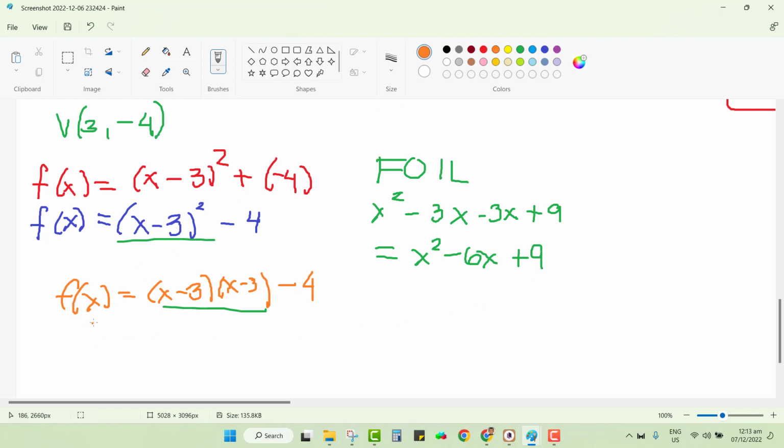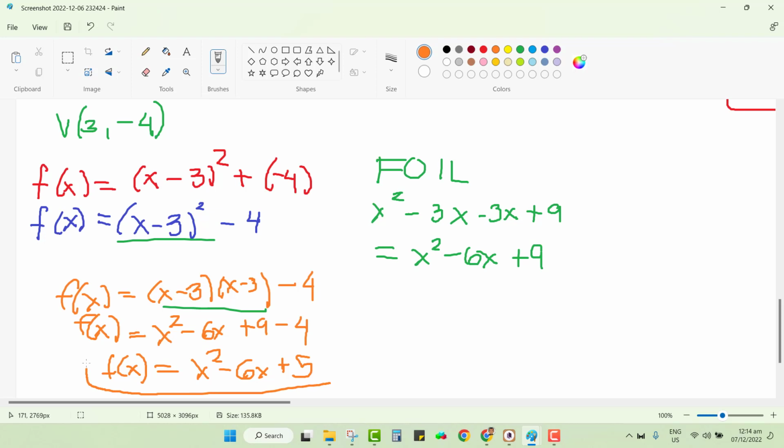Returning here, to get our standard form from this vertex form, the blue one, you will have x squared minus 6x plus 9 minus 4, which ends up as the standard form x squared minus 6x plus, it's no longer 9, 9 minus 4 is plus 5. So this is now the standard form of the quadratic equation using the vertex and this equivalent vertex form.